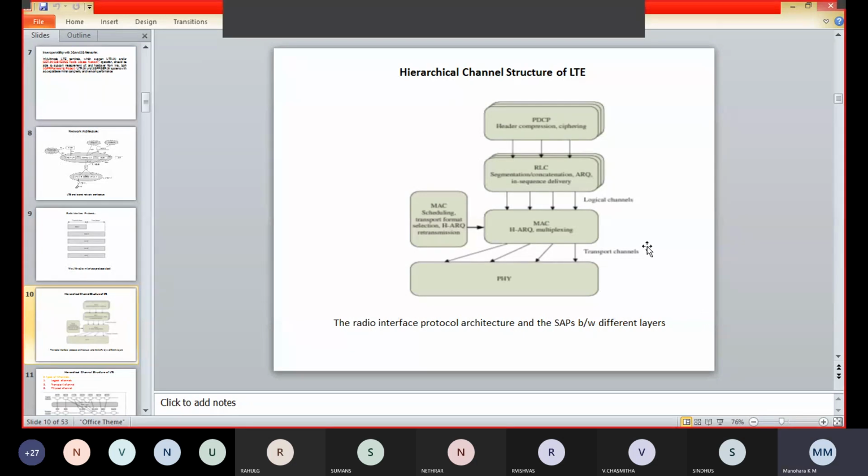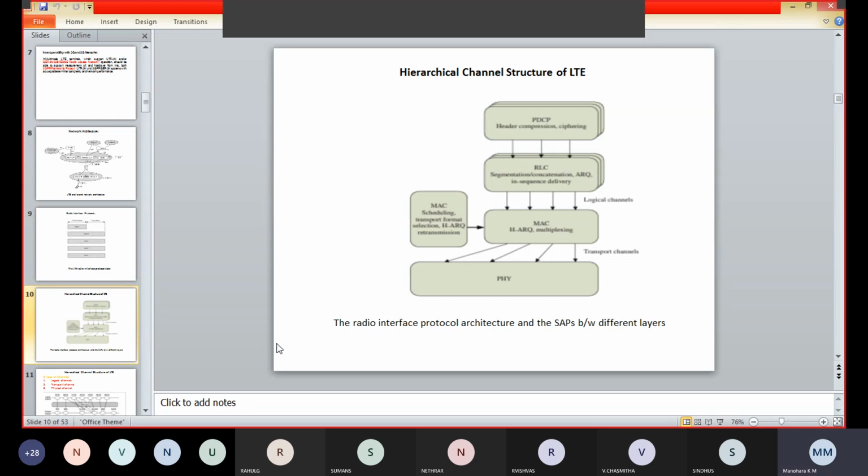Next we have the common control channel, that is CCCH. It is a bidirectional channel for transmitting control information between the network and the user equipments when no RRC connection is available, implying the user equipment is not attached to the network, such as in the idle state.